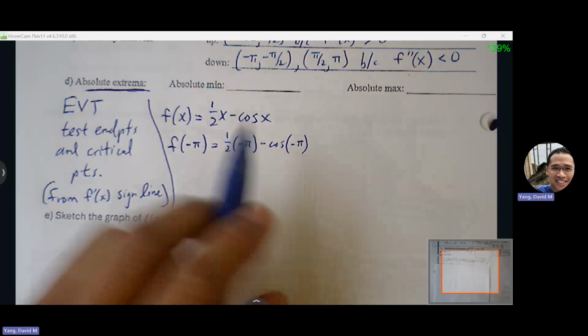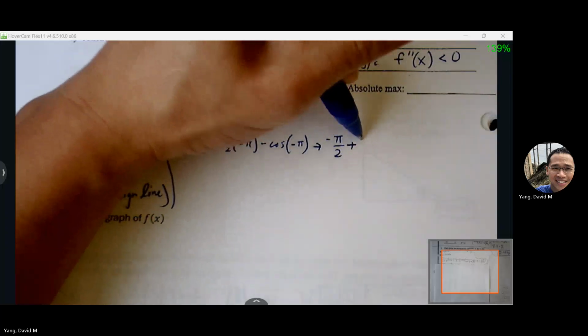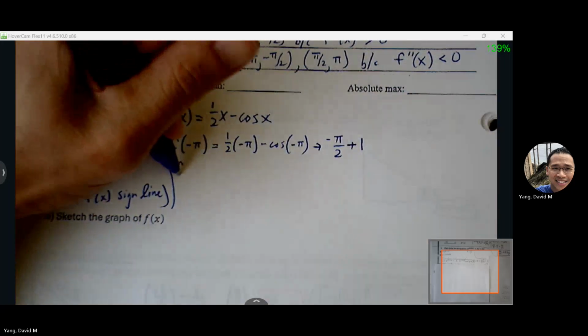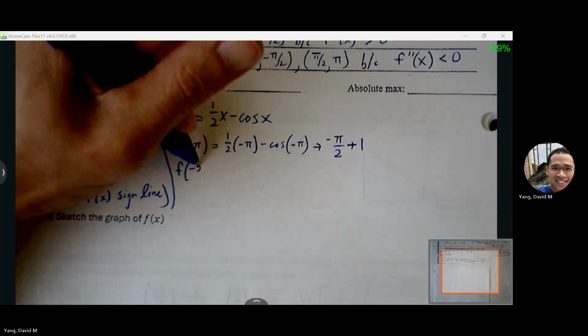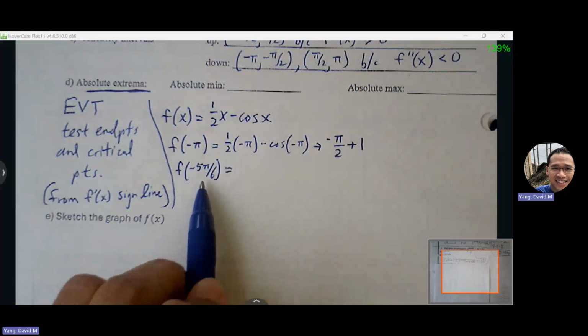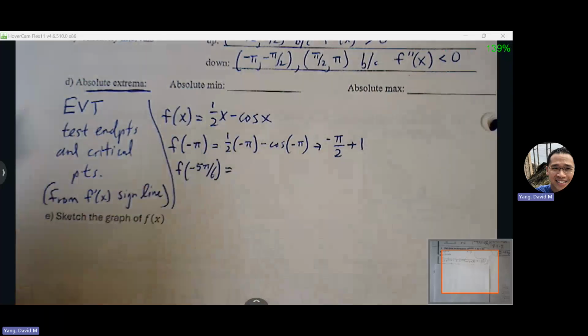Two negatives makes positive. Okay. Critical point. Put that in for x.